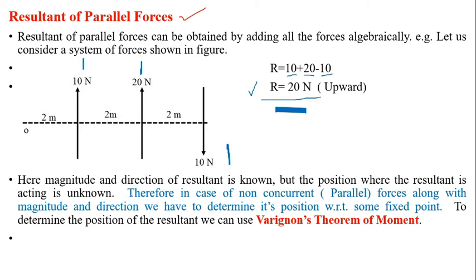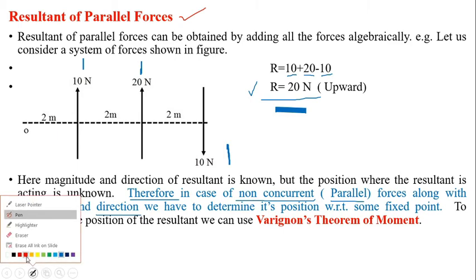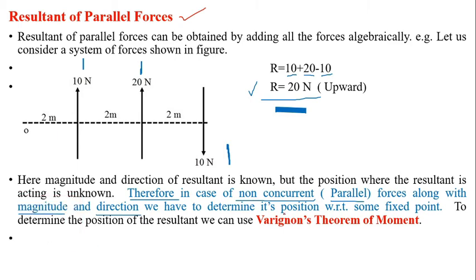Therefore this sentence is important. In case of a non-concurrent force system, here a parallel force system, which is a type of non-concurrent force system, along with the magnitude, which is known, 20, and the direction, vertically upward, we have to determine its position with respect to some fixed point.